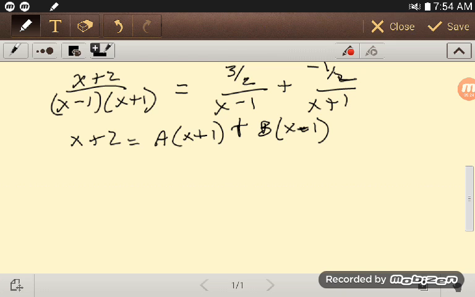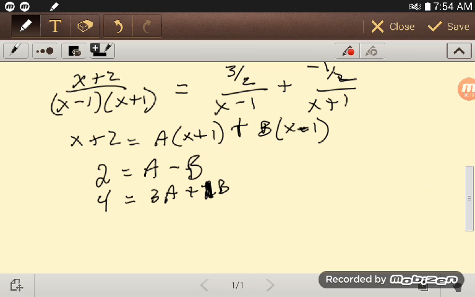Well, I could choose various values of x, and so for instance, notice if I let say x equals 0, I would get 2 equals A - B. So there's one equation, and if I let say x equal 2, I would get 4 equals 3A plus B. Something looked wrong there.